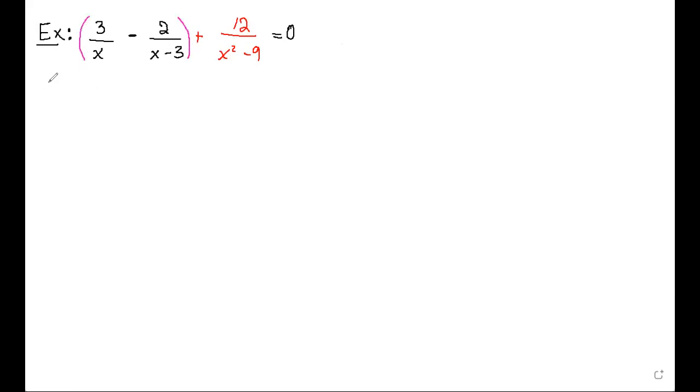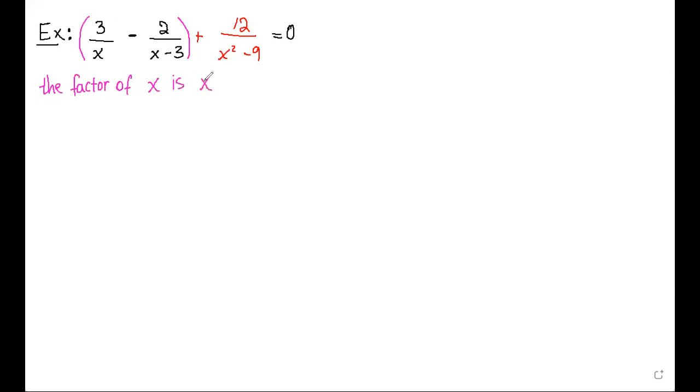First thing, we have to factor the denominator for the first fraction, and factor the denominator for the second fraction. What is the factor for the denominator of the first fraction?